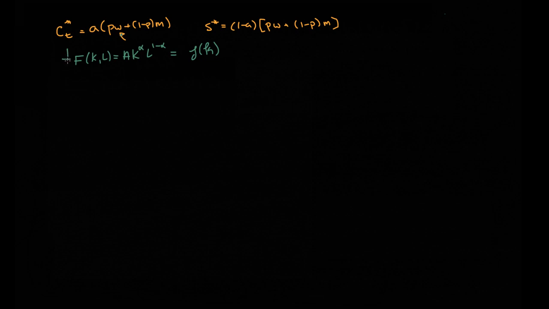So actually, this expression will be true: 1 over L times F is going to be equal to f of k, and similarly F of K, L is going to be equal to L times f of k. So let's do it. 1 over L, F of K, L is just going to be A k alpha, and that's going to be equal to L times f of k. We need to bring that L along with us.